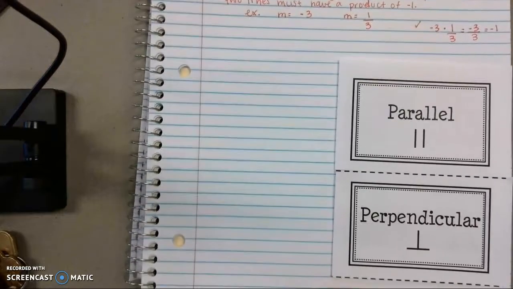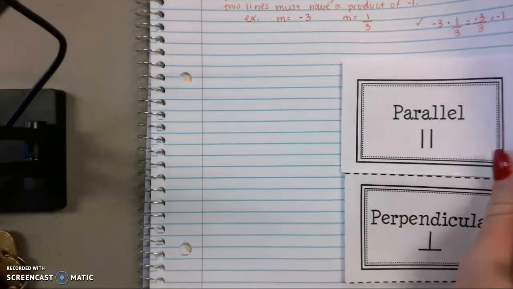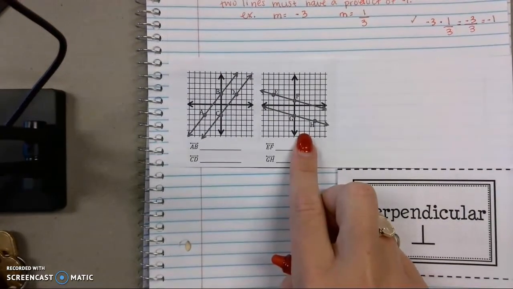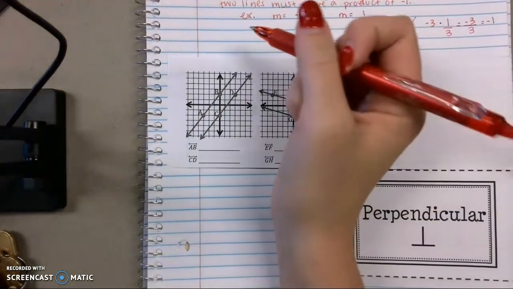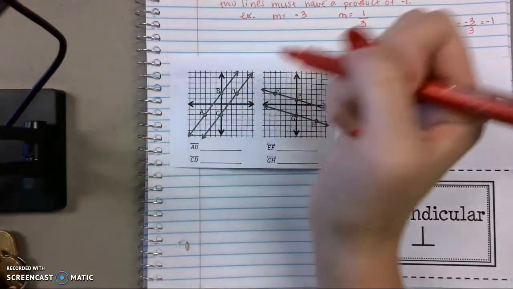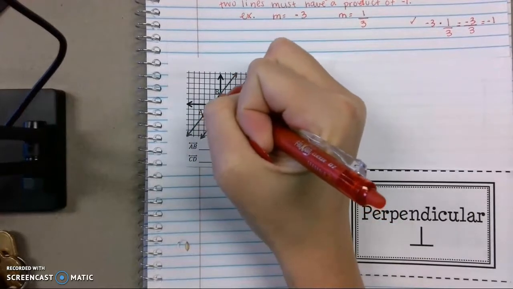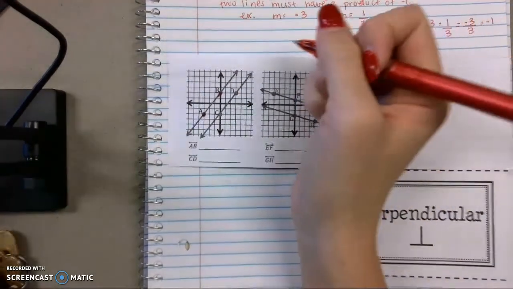So let's scroll down to the foldable and start off with the parallel lines. Again, we need to have the same slope. So I've got two examples here that I'm going to go through. The first step is to write equations of these lines. If I'm looking at A and B, remember I need to find the slope and the y-intercept.